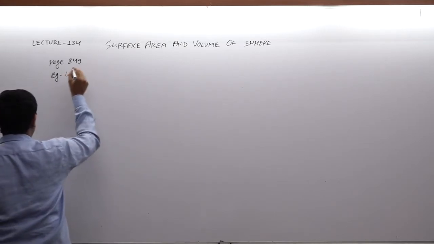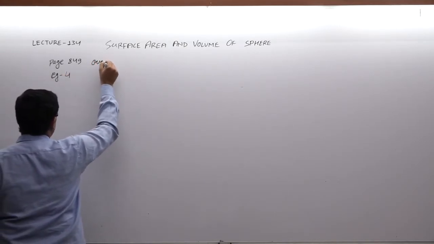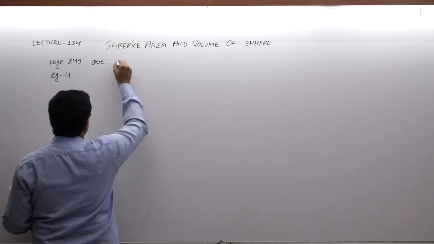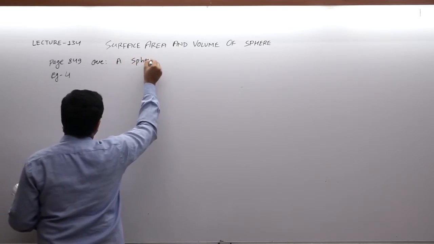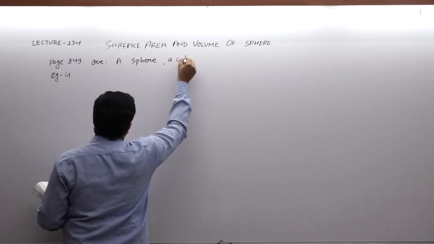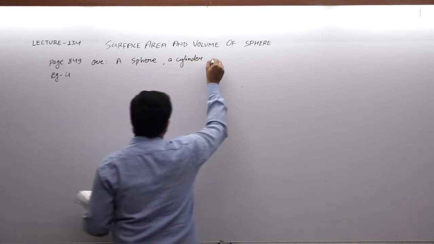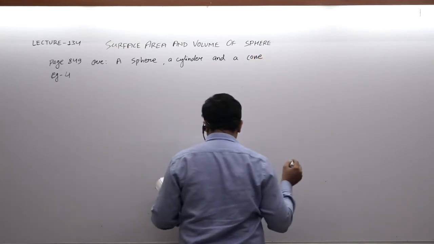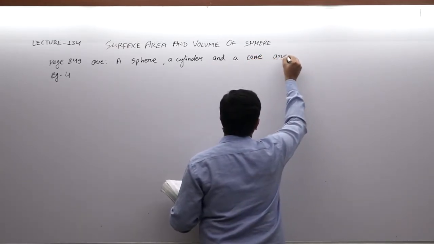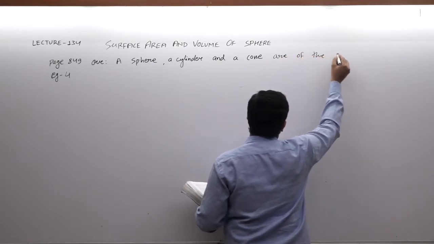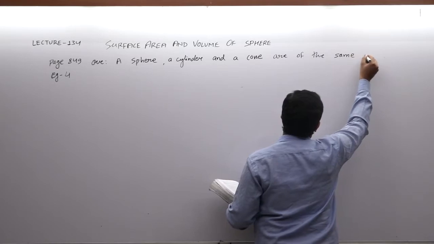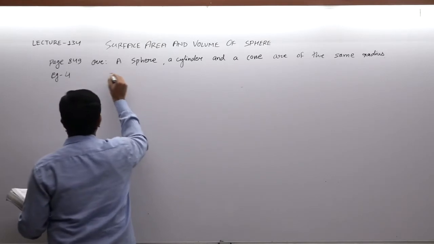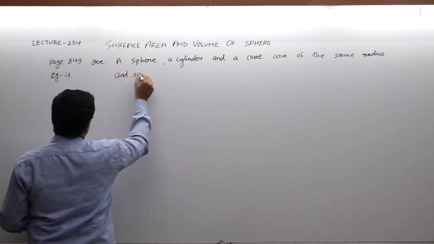Question number 4, or example number 4, question is: a sphere, a cylinder and a cone are of the same radius and same height.